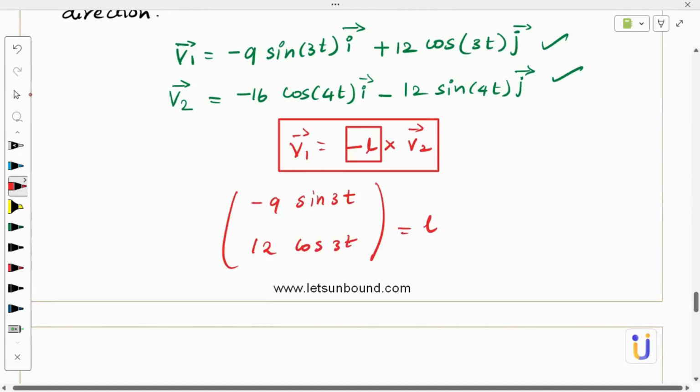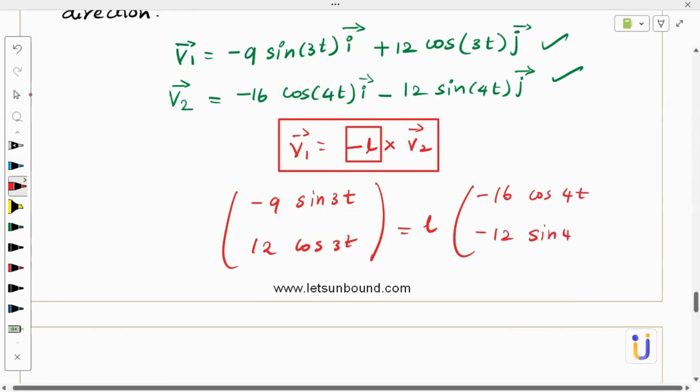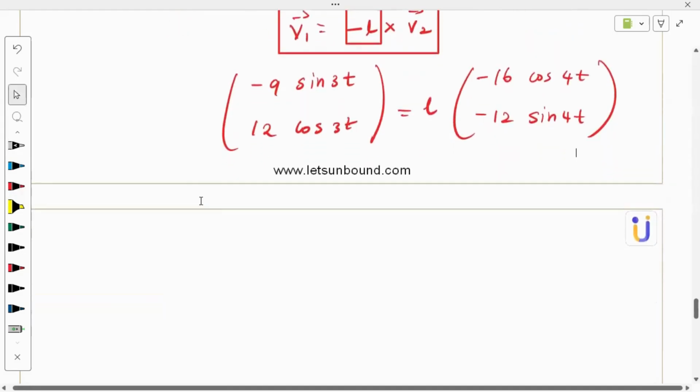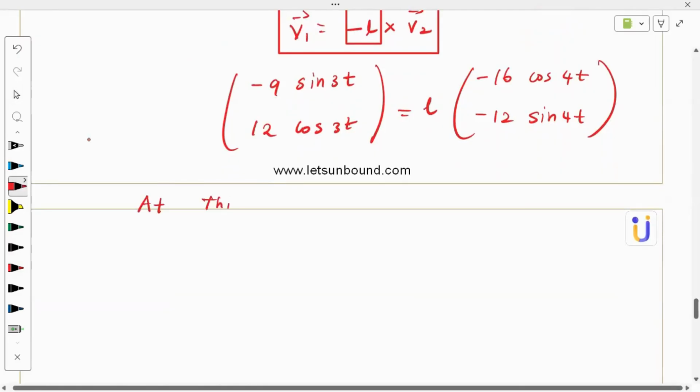L times minus 16 cos 4t, minus 12 sin 4t. Okay. Right. Now, what is time? At this time k, they have mentioned. So k is 1.30, I know.